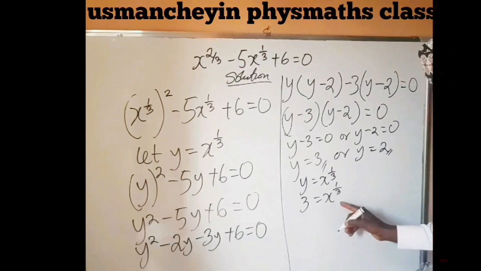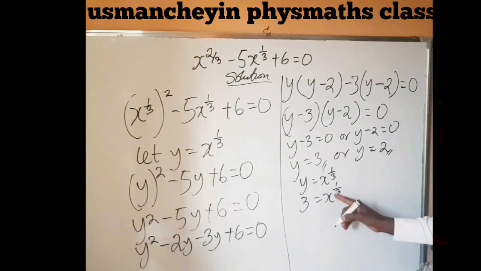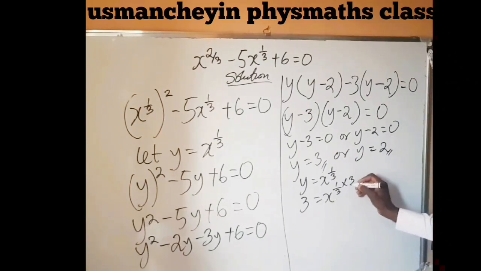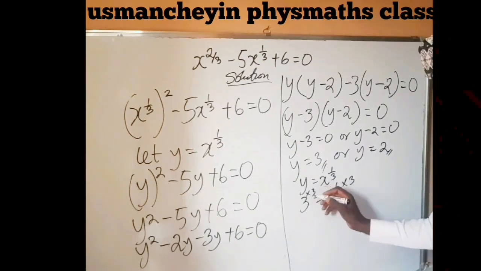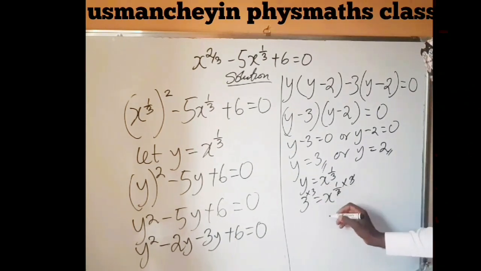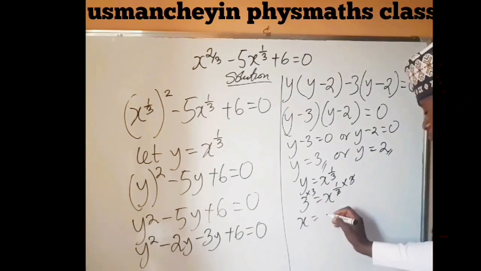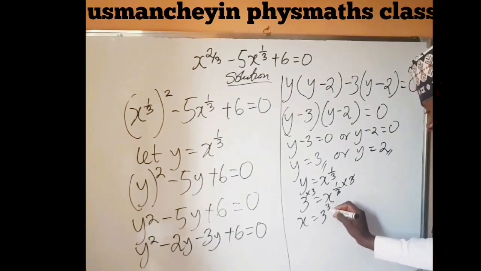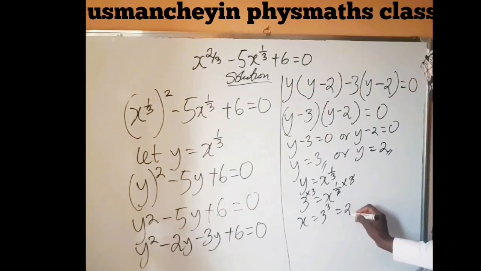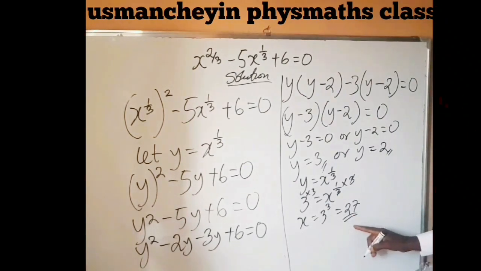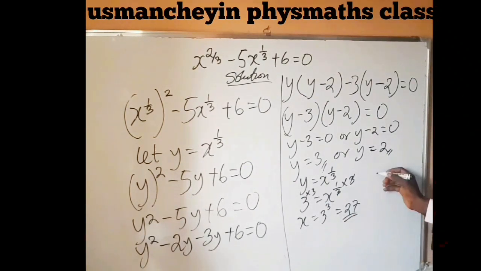Now, at this very point, if I want to do away with this power, I'll multiply it by 3. This will cancel out this, so my x will be equal to 3 raised to the power 3. And this is equal to 27.